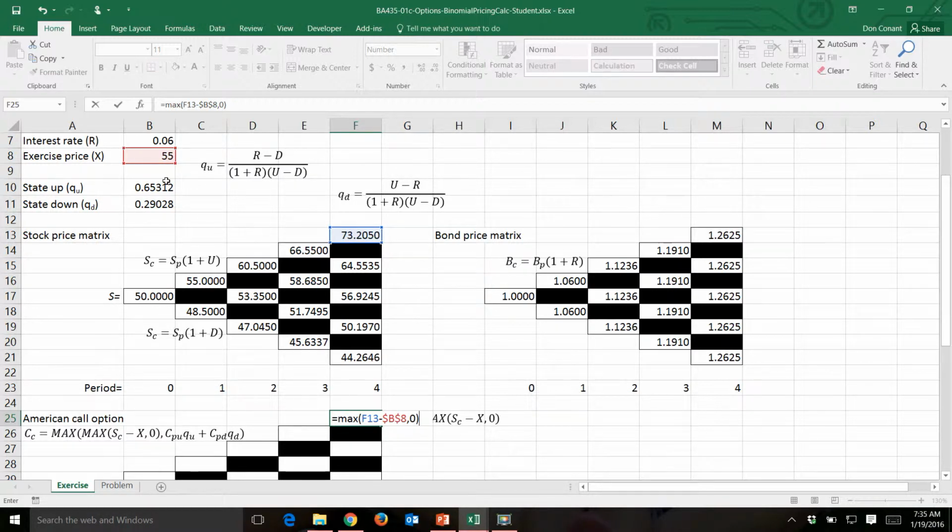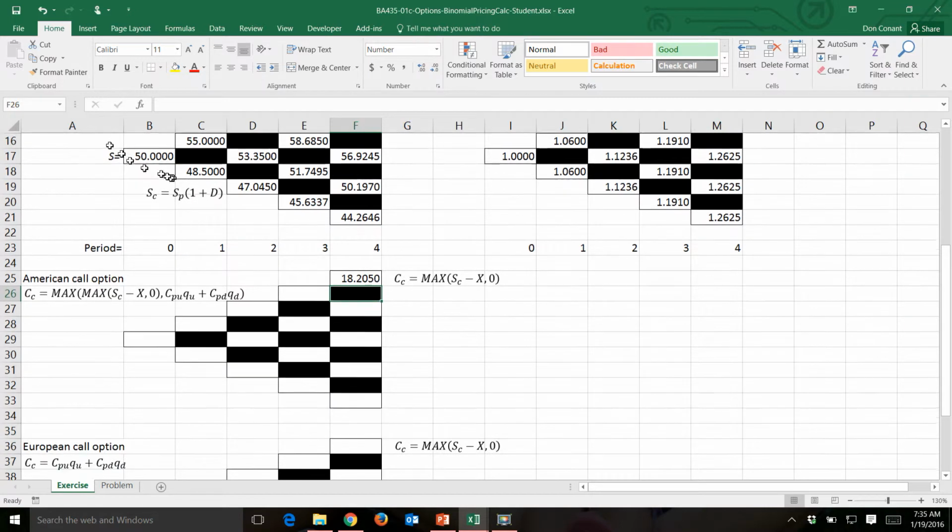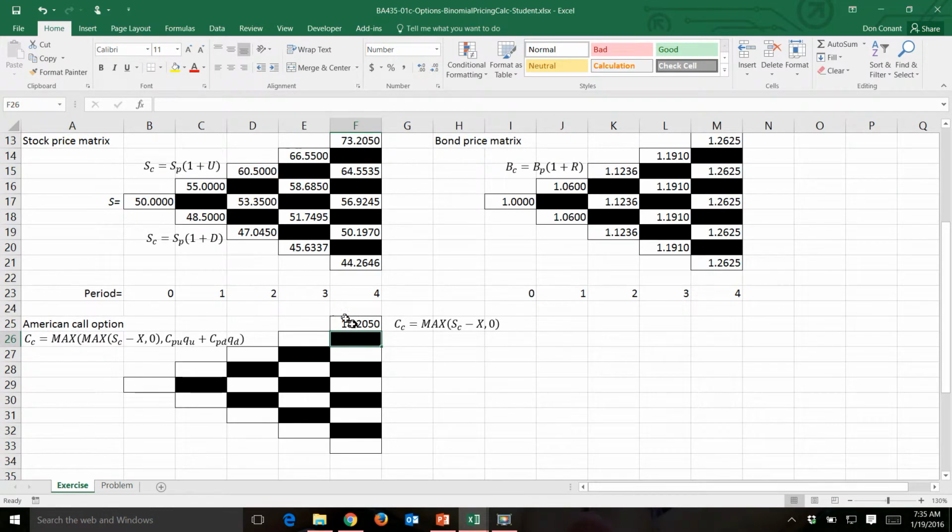Otherwise, there's some value and we'll calculate that value. Now, because we've used absolute and relative correctly, we can copy this, Control C, and paste it down to each of these, Control V, Control V, Control V.